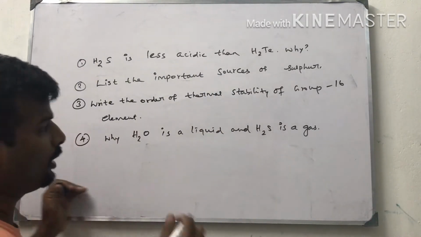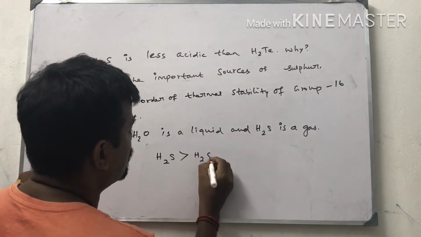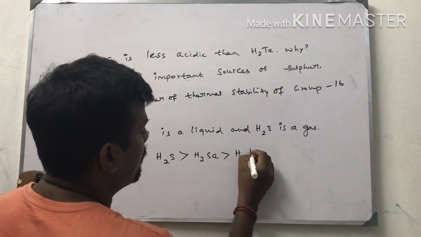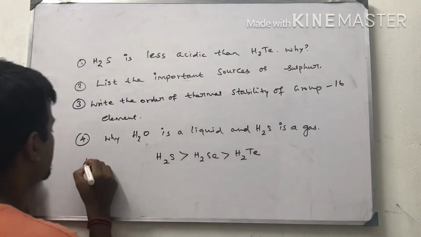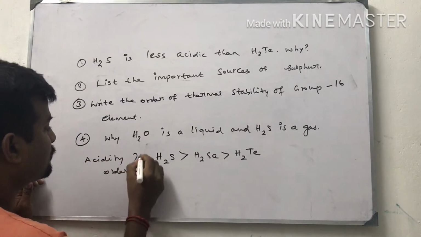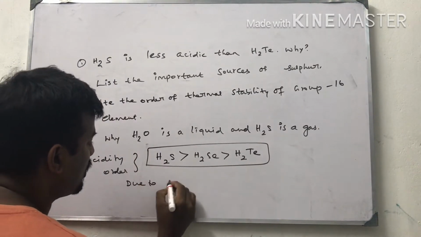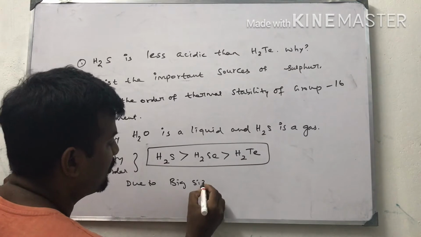So I am going to write the order. H2S is less acidic than H2Se, which is less acidic than H2Te. So this is the acidity order. This is due to the big size of tellurium.